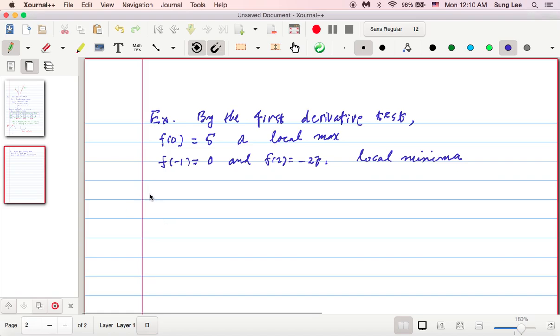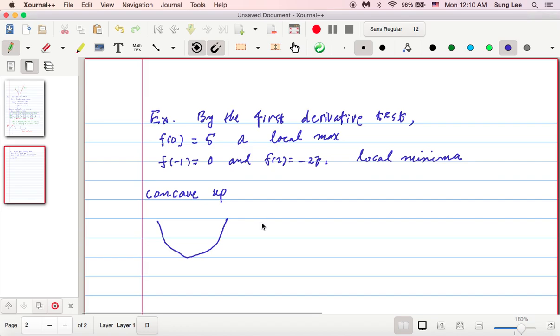So the concave up case, locally the shape of your graph is going to look like this, sort of like the smiley face.